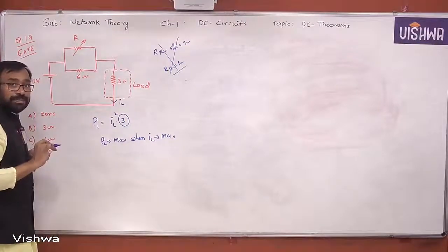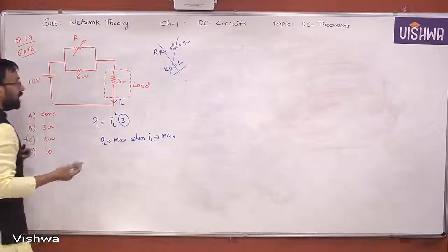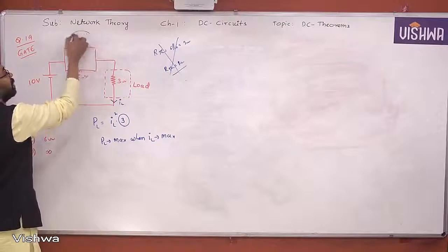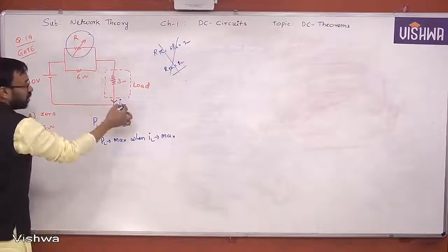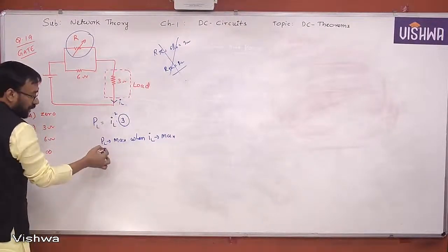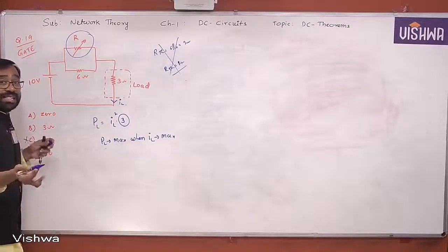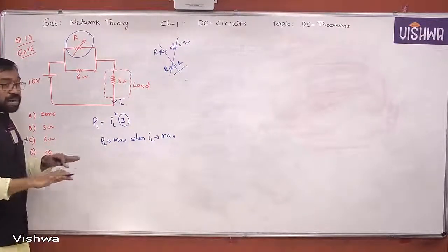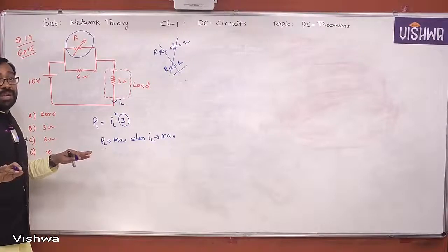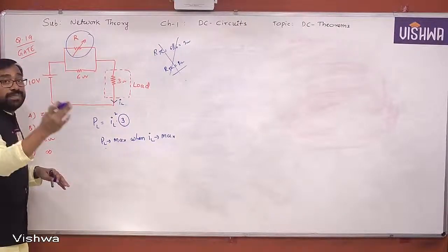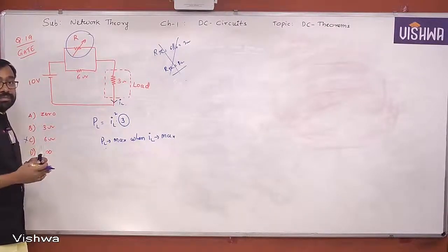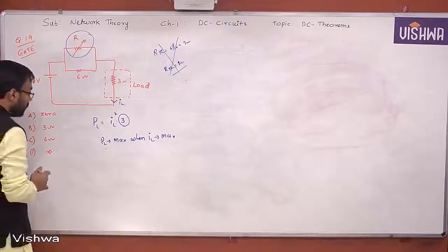That's it. Understand? So now let us see. For what value of this capital R, this IL is going to be maximum, so that PL is going to be maximum. Simple. It is as simple as that. So no maximum power transfer condition is applicable here. Now common sense based approach is required here. Understand? Okay.